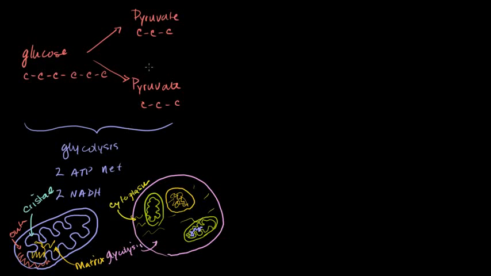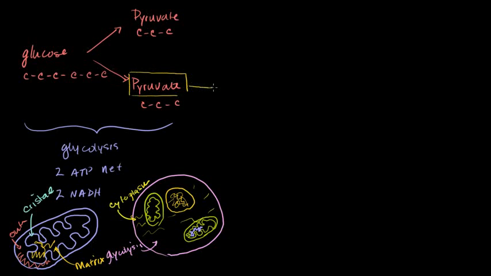Now, you have these pyruvates. They're not quite ready for the Krebs cycle, so how do you make them ready for the Krebs cycle? They actually get oxidized, and I'll just focus on one of these pyruvates. We just have to remember that this happens twice for every molecule of glucose.